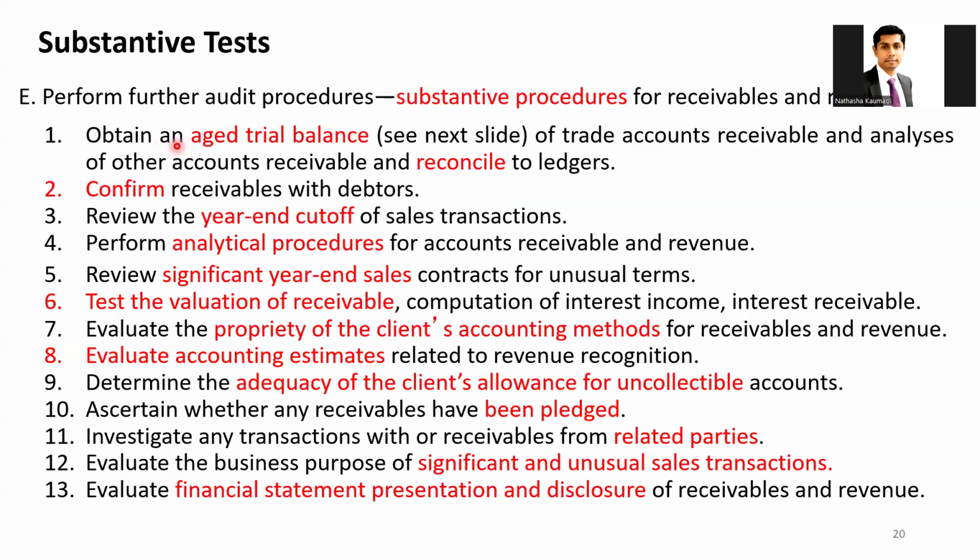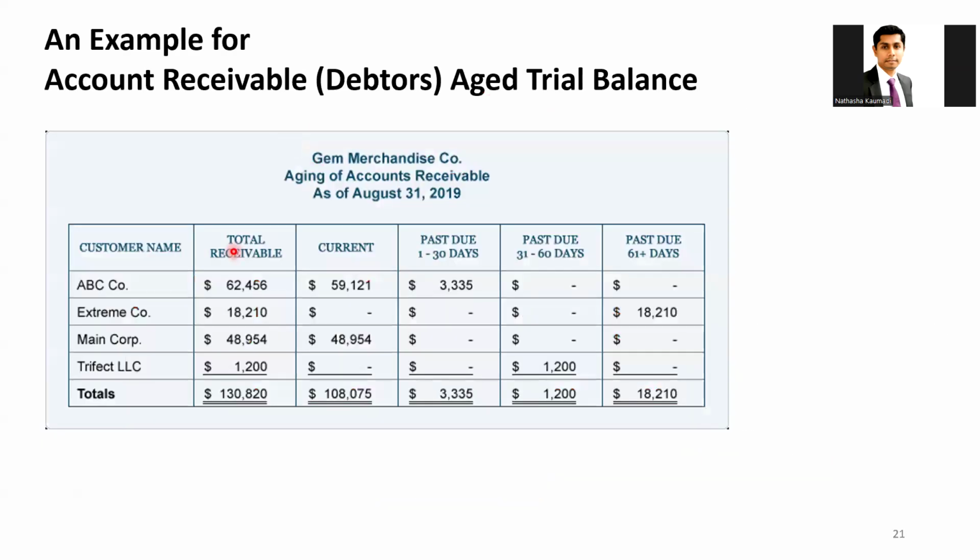Maybe obtain an aged trial balance of trade accounts receivables and analyze other accounts receivables and reconcile to ledger. Basically, aged trial balance means aging report. Don't know whether you know the aging report, so I will show you one aging report. This is an example.